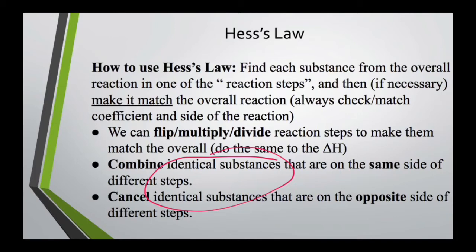Leave that substance for later. Even if it's in our overall reaction, we don't want to make that a priority because those can get kind of messy. Focus on everything else first. And then if everything else matches, we're going to come back and check and see if these things have combined or canceled in a way that's going to give us our overall. And if not, then we'll make a change there at the end. But it's important to get everything else kind of balanced and matchy first.